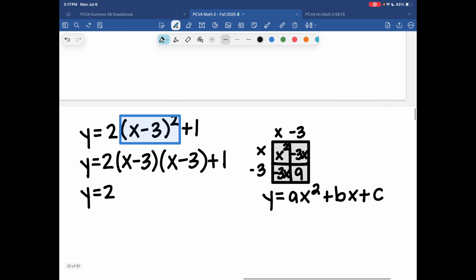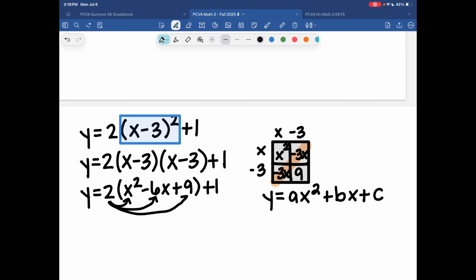So when I combine those like terms, that gives me x squared minus 6x, because -3x and -3x added together gives me -6x, and then plus 9 plus 1. So I distribute that 2, so that 2 is going to go to everything inside the parentheses. It's not going to go to the 1 outside the parentheses.